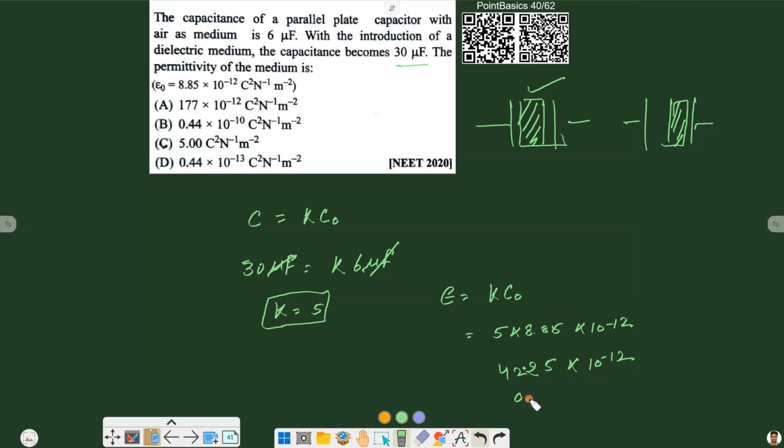So we can say 0.42 into 10 raised to power minus 10, and it matches with option B. There can be some value changes after the decimal, because it depends upon how many decimal points they have taken for their calculations. So your answer can slightly change, but on the broad range, or decimal wise, the first decimal point should match.